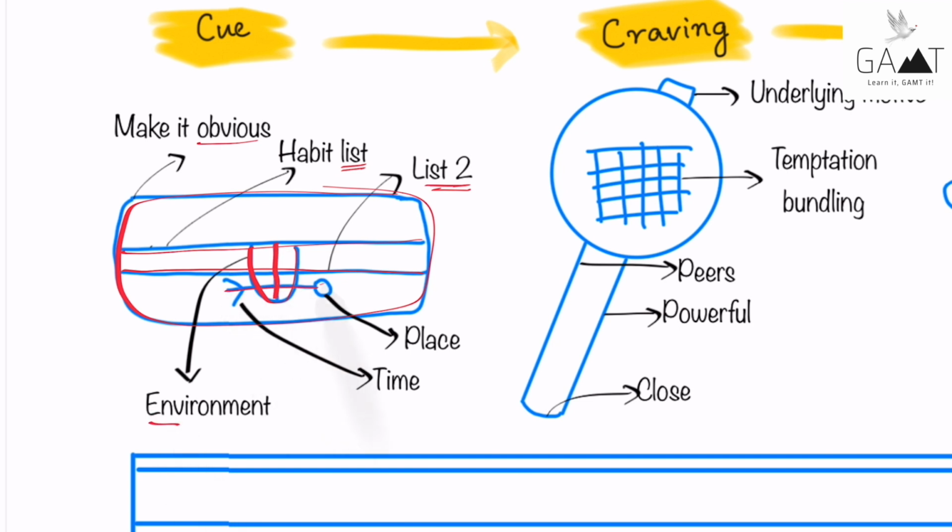And the age-old lock that's been there for centuries: this part of the lock resembles the letter P, which stands for place, and this part of the lock resembles the letter T, and that stands for time. So these are the 6 concepts that you need to understand and remember for the cue: make it obvious, habit list, list two, environment, place, and time.